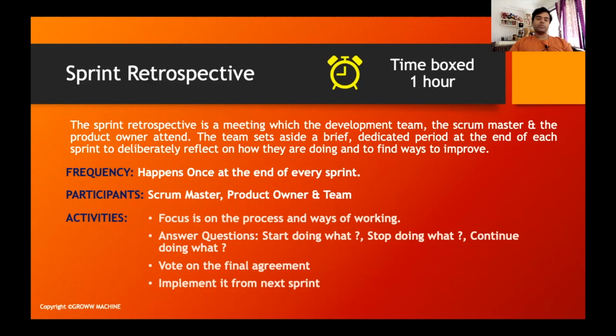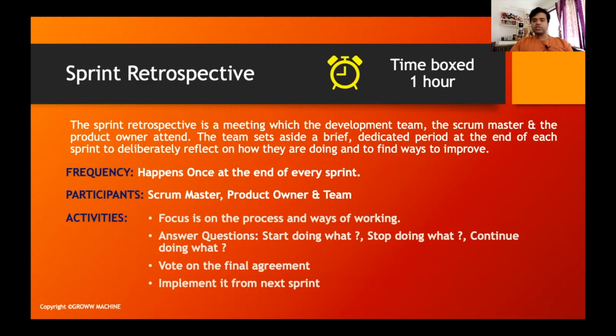Let's say in our previous sprint, we identified certain areas where the team is consuming more time, or we feel that if we can find a process in which things can be easily done, then we can save a lot of time. If we identify blockers or bottlenecks in the process flow, not in the functional flow, then this is the meeting where we discuss them.